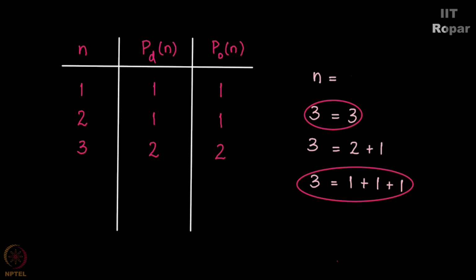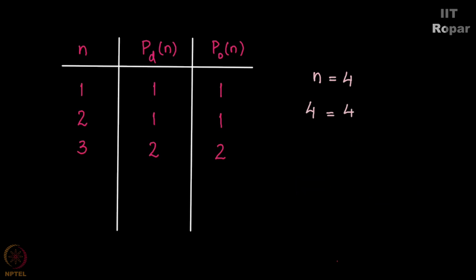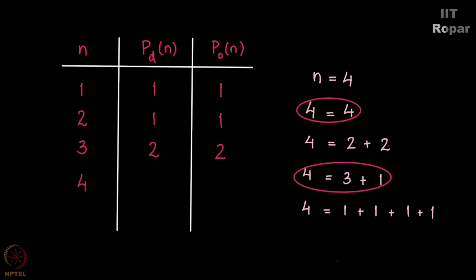Now, let us go further for n equals 4. 4 equals 4. 4 equals 2 plus 2. 4 equals 3 plus 1. 4 equals 1 plus 1 plus 1 plus 1, all ones. Now, these are the partitions. For n equals 4, observe these two, 4 and 3 plus 1. They are the distinct ones.